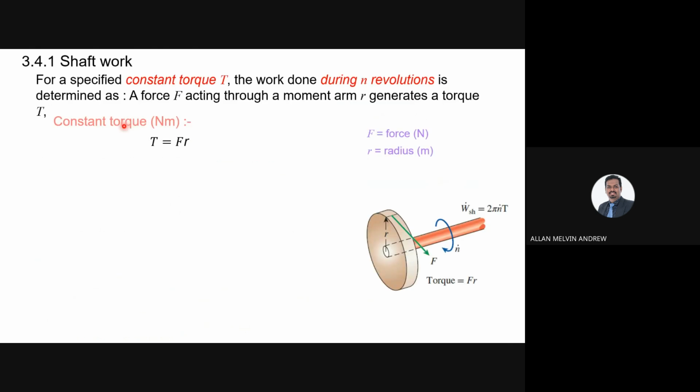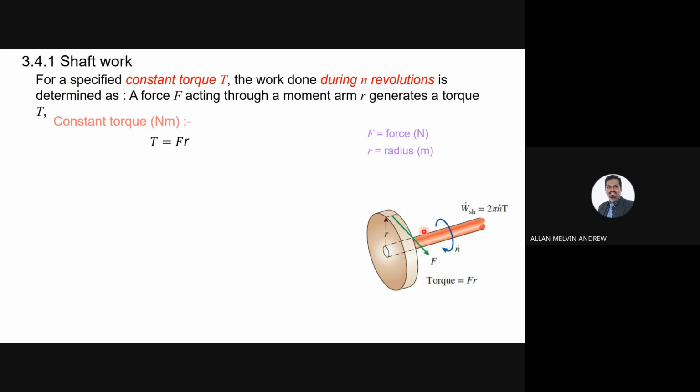Okay, if we divide mechanical work, the first thing that we can see is shaft work. We always see shafts in our car, like the drive shaft and all the shafts that are acting. Similarly, we have a term called shaft work, meaning the work done by a shaft, for a specific constant torque.